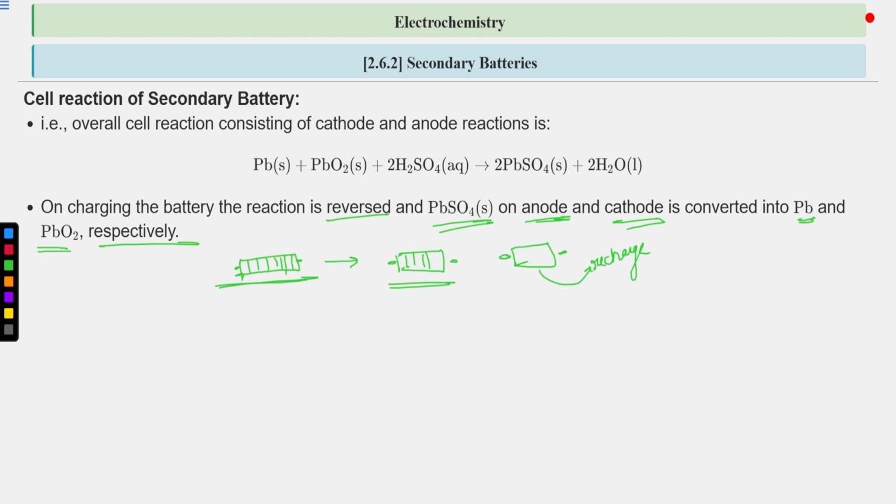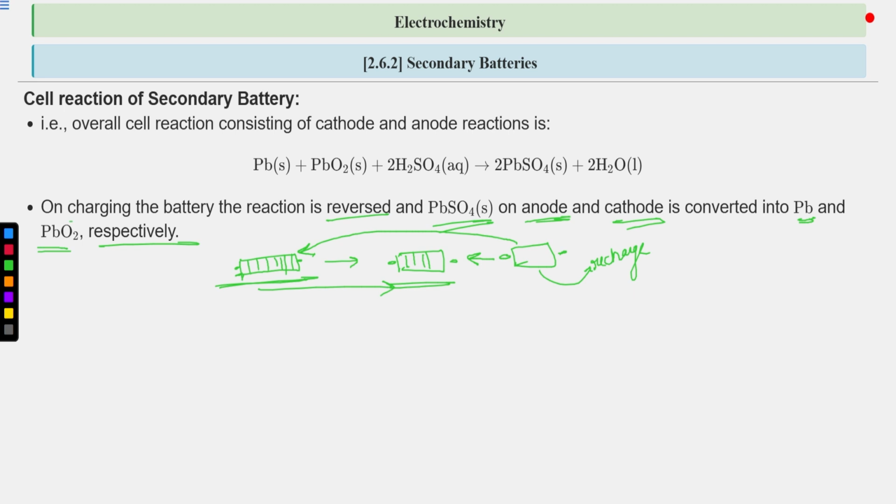What will happen is you have to go from this empty state to a median state, and then to the final state, which is the fully filled battery. Whatever reaction happened during the discharging process of the battery should be reversed while charging.